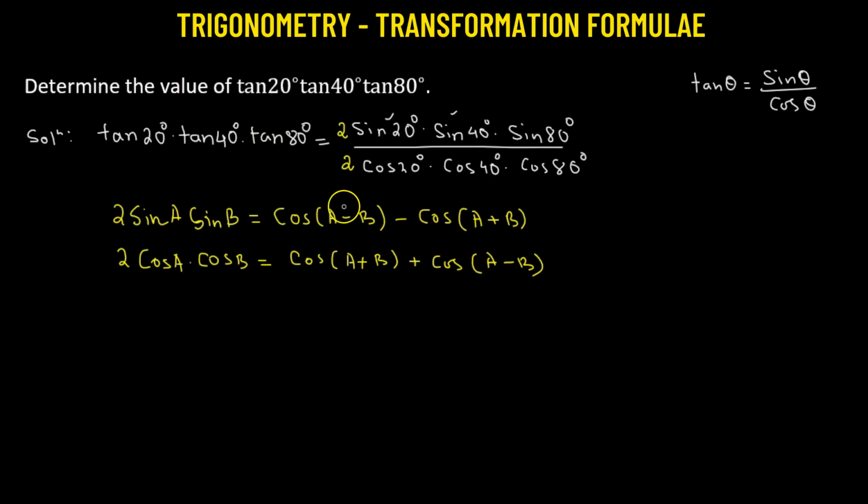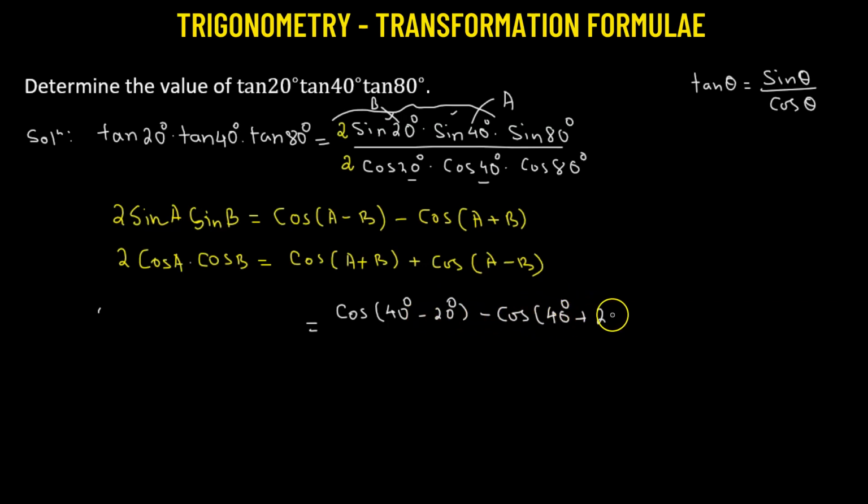Fine. Now let's use this to rewrite the numerator portion. Here we have 2 times sine 20 degree times sine 40 degree. We will consider 40 degree to be equivalent to A and 20 degree to be equivalent to B. The same goes for the denominator part as well. So in the numerator we're going to have cosine of 40 degree minus 20 degree minus cosine of A plus B, so that's 40 degree plus 20 degree.